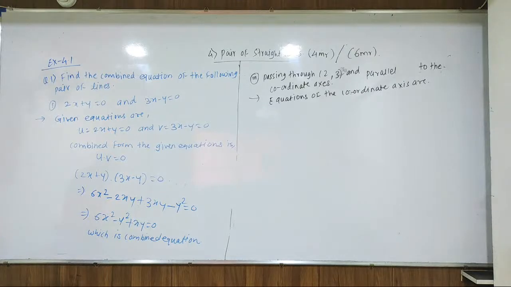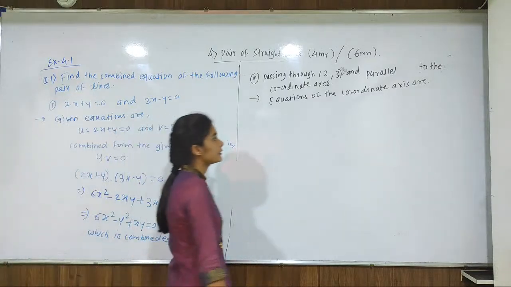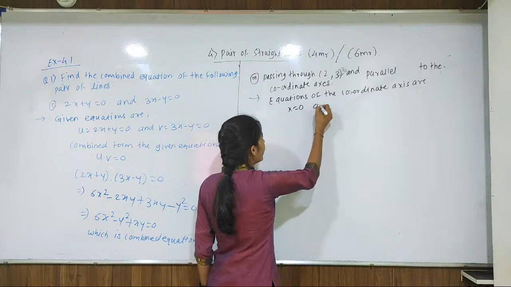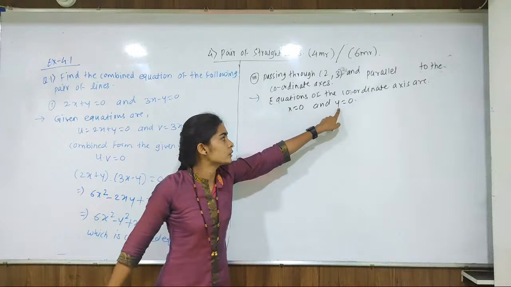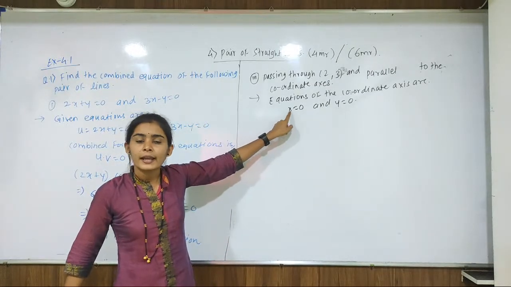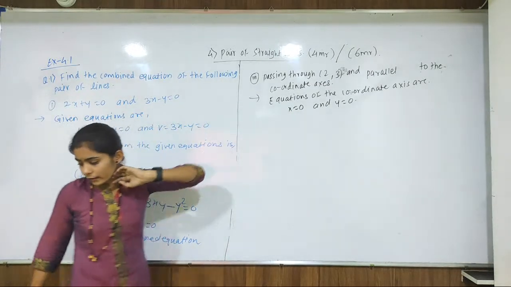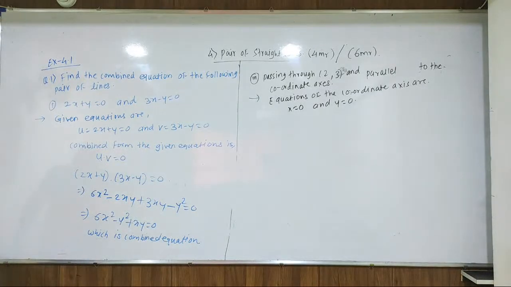We just saw the coordinate axis. The equations of the coordinate axis are x is equal to 0 and y is equal to 0. The equation of the x axis is y is equal to 0 and the equation of the y axis is x is equal to 0. Understood?